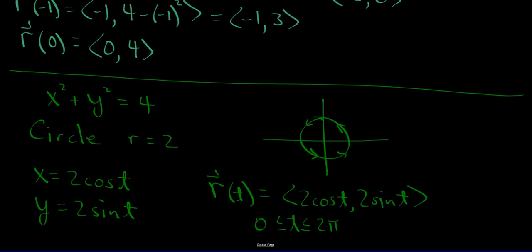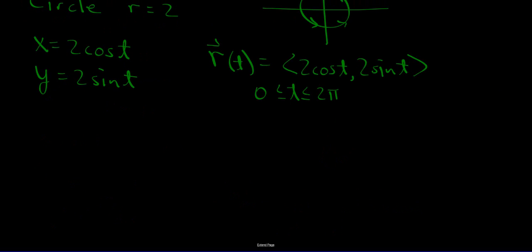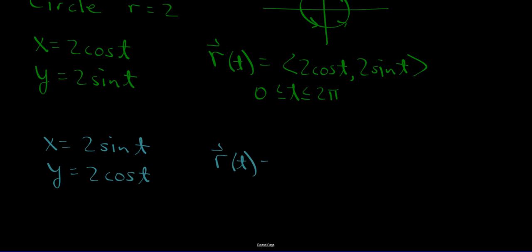Now, we could represent this same curve a little differently. We could say, well, let's try this. Let's do 2 sine t for x, and y equals 2 cosine t. And this would be fine and dandy. Our vector valued function would look slightly different.